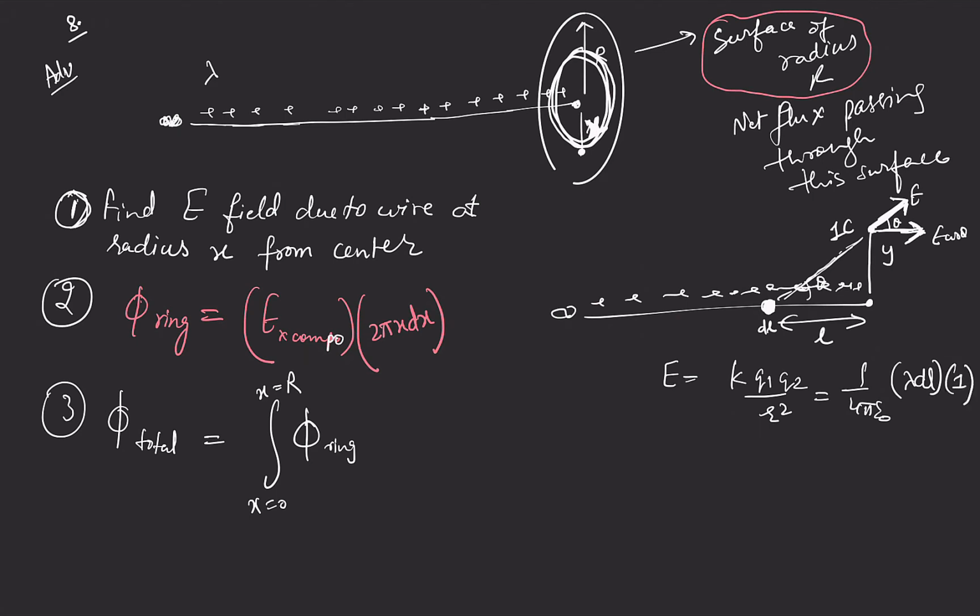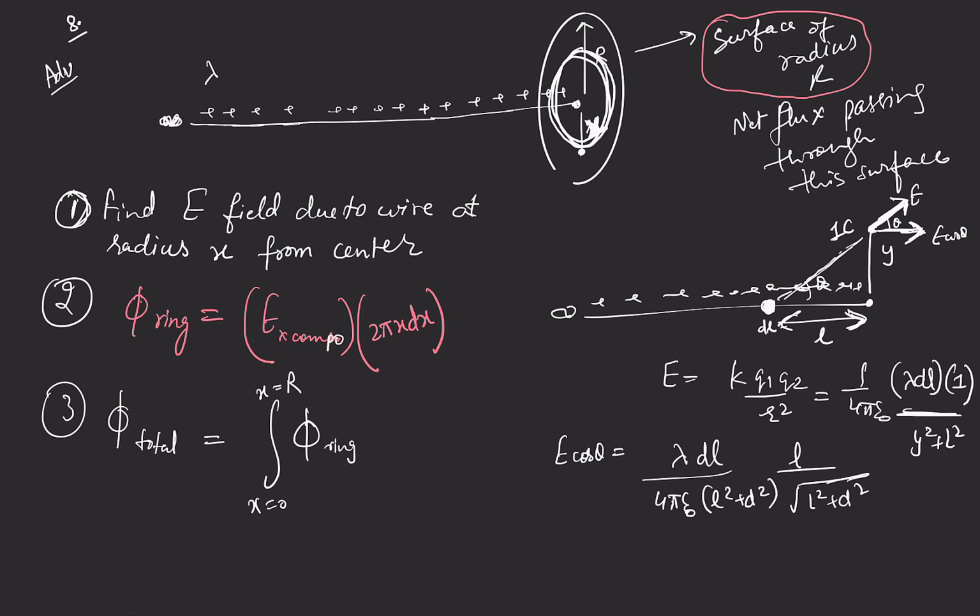Q2 is 1 because it is a 1 coulomb charge, and r square is y square plus L square by Pythagoras theorem. And cos theta would be base upon hypotenuse, which is L upon root of L square plus y square. So E cos theta is equal to lambda dl upon 4 pi epsilon naught into L square plus d square, into cos theta, which is L upon root of L square plus d square.